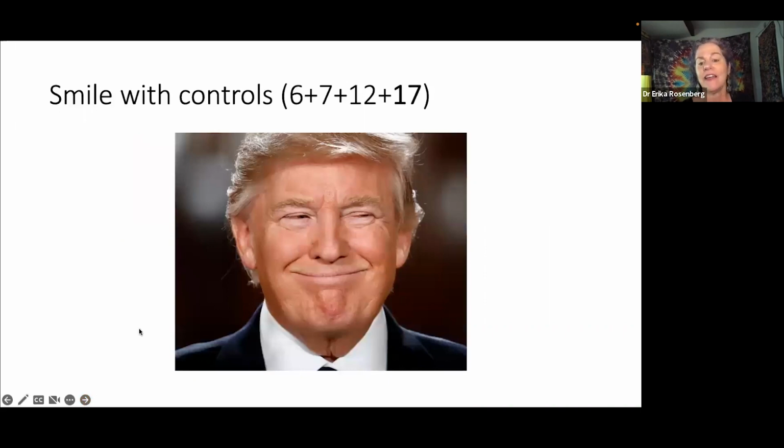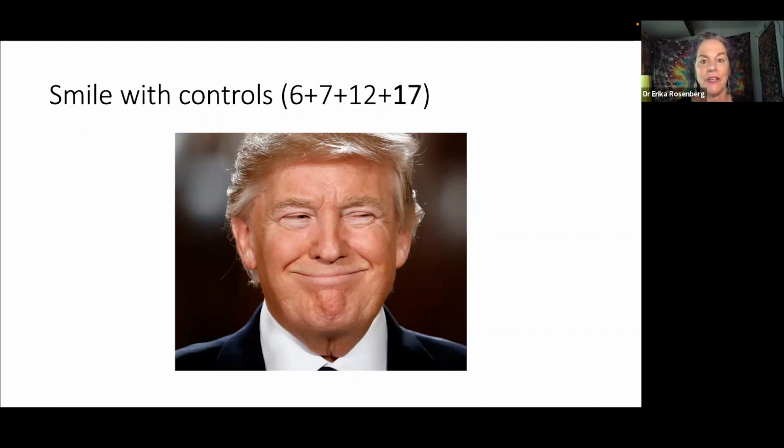Okay, and then one of the fascinating things about Donald Trump's face is this is his typical smile. His typical smile has a high degree of action unit 17 in it. And so 17 has this ability to flatten out the smile by pushing up in the middle.